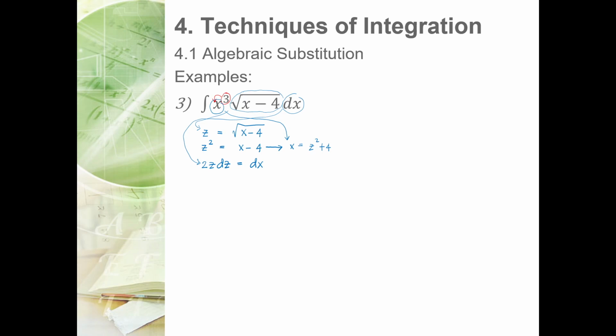So this time this becomes the integral of z squared plus 4 cubed, and then square root of x minus 4 becomes the z parameter, and then dx is 2z dz. All right?